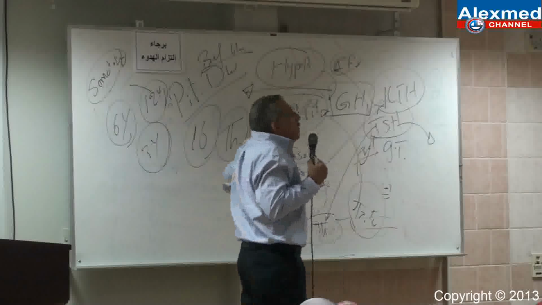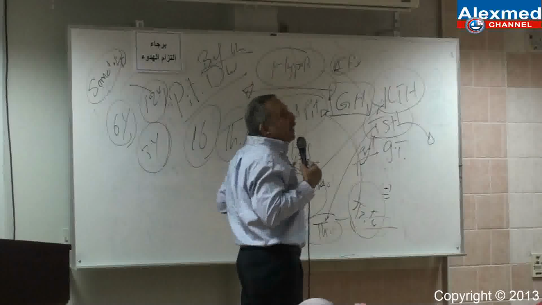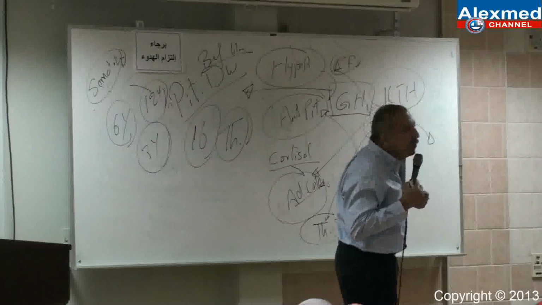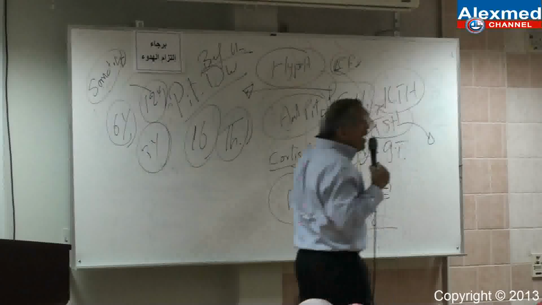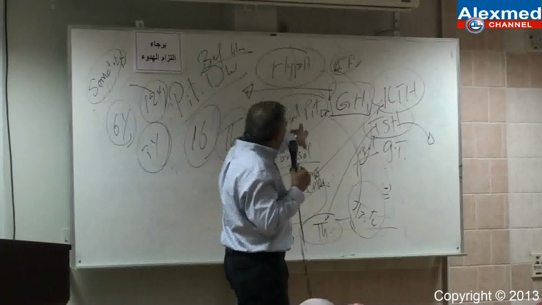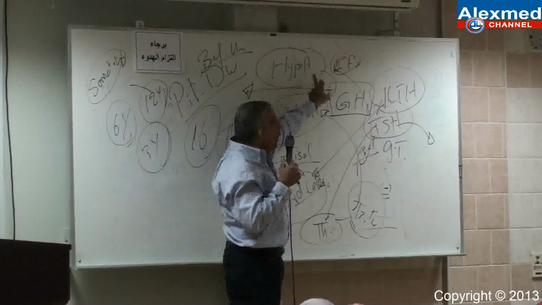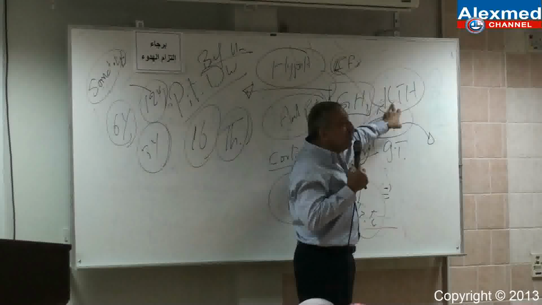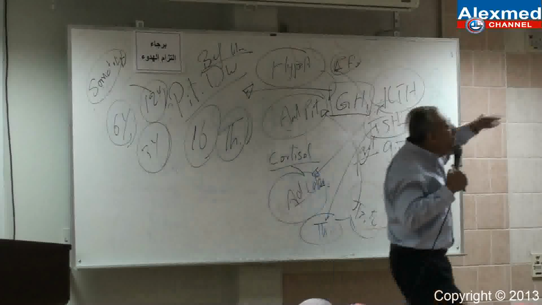I'm going to take corticosteroids daily for about 1 year. What will happen? Negative feedback. Inhibition of releasing factor and inhibition of anterior pituitary, so inhibition of ACTH. What will be the effect?